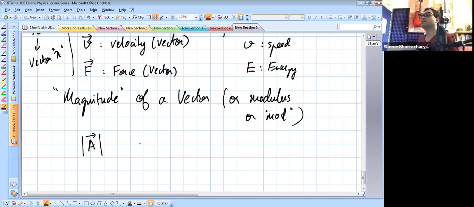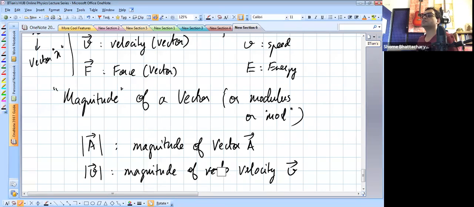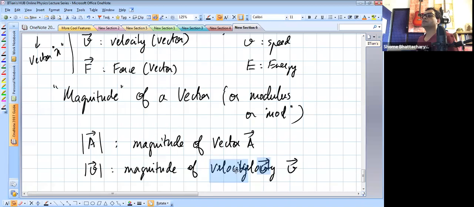So this symbol is read as magnitude of vector A, or this symbol would be read as magnitude of velocity v. So this is just a matter of symbols. We have to develop a system of consistent symbols. So this is what we develop. You can make a quick note of this if you like.